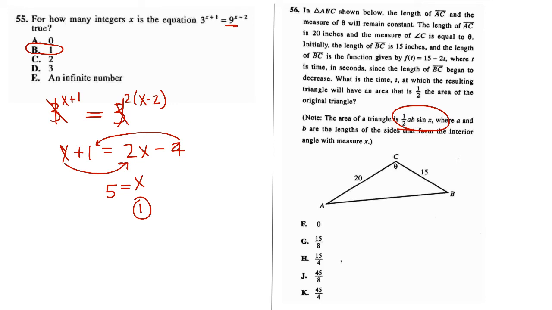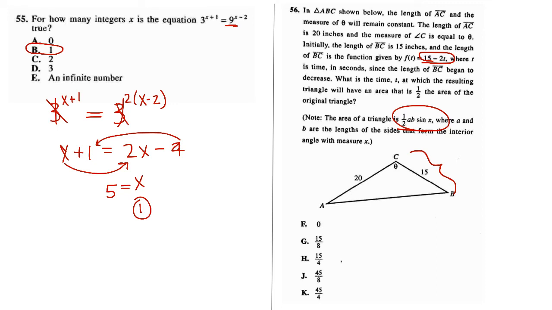When this side BC is decreasing, and the length is given by that part there, when will that new area be half of the original? As we go through and set this up, it really just becomes two equations, and as you work through it, it gets a little bit easier, but it just seems to be a god-awful problem.